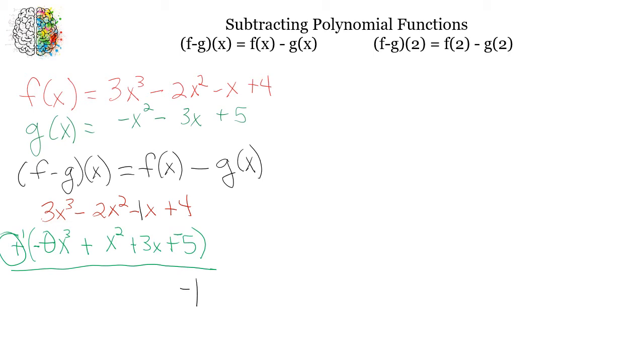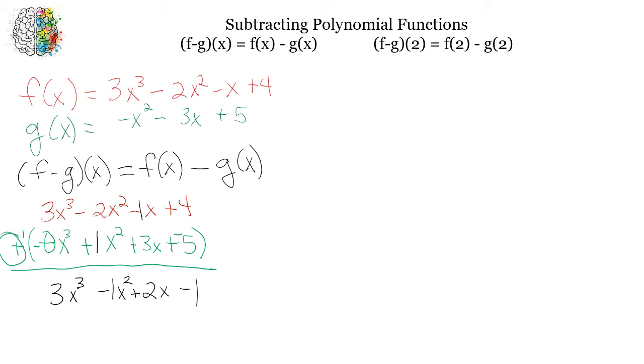So -1 plus 3 is going to be 2. -2, and if that x is by itself, that's the same as a 1. -2 plus 1 is going to be a -1. And 3 minus 0 is going to stay as a 3.